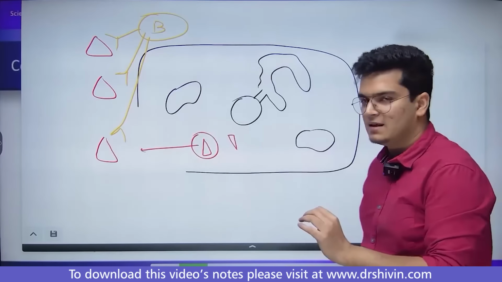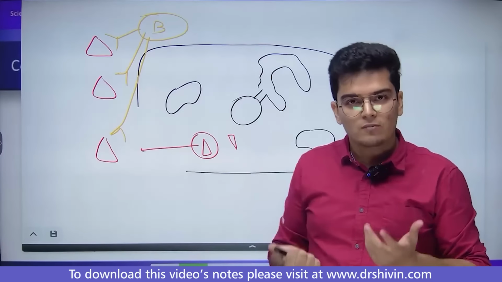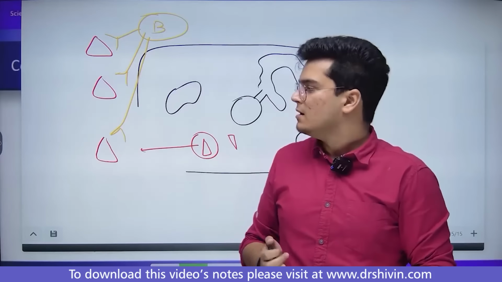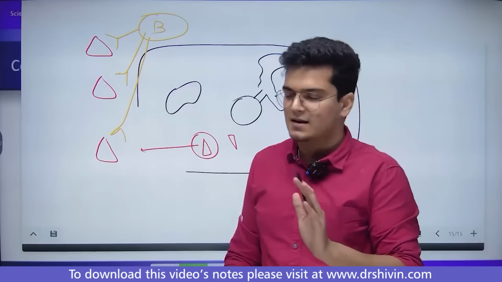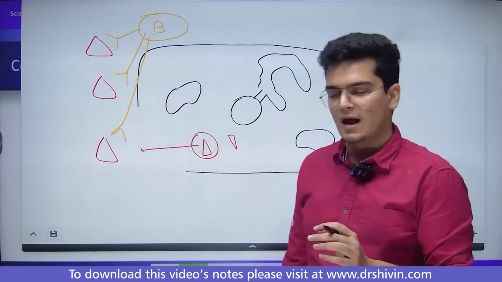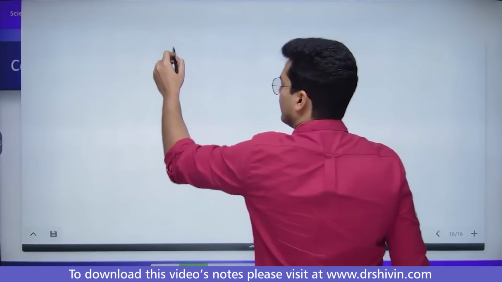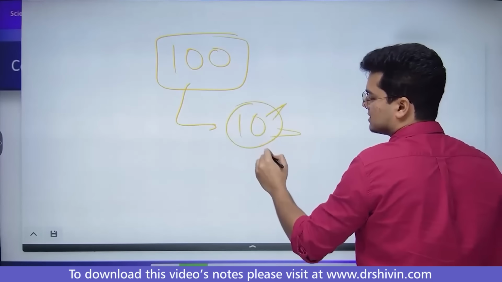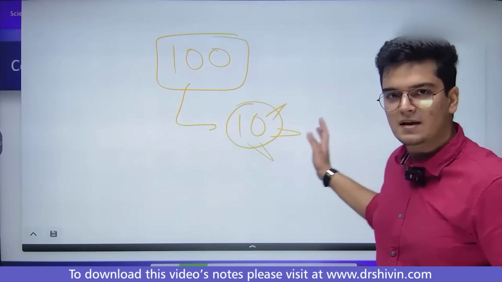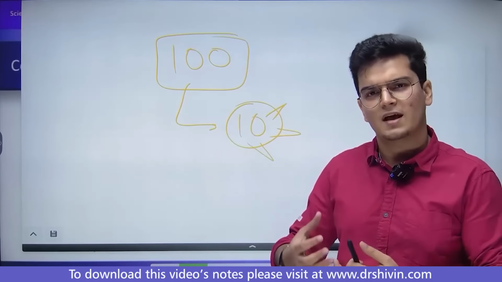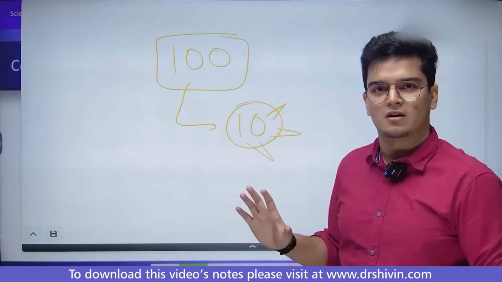Now you might be thinking that this might lead to autoimmunity, right? It will not lead to autoimmunity, and I'll tell you why. Let's say my body has 100 cells. If I get them infected by the virus, let's say only 10 get infected. So these 10 will start showing these antigens. The B cell will kill these 10, but my body has the ability to regenerate these 10.